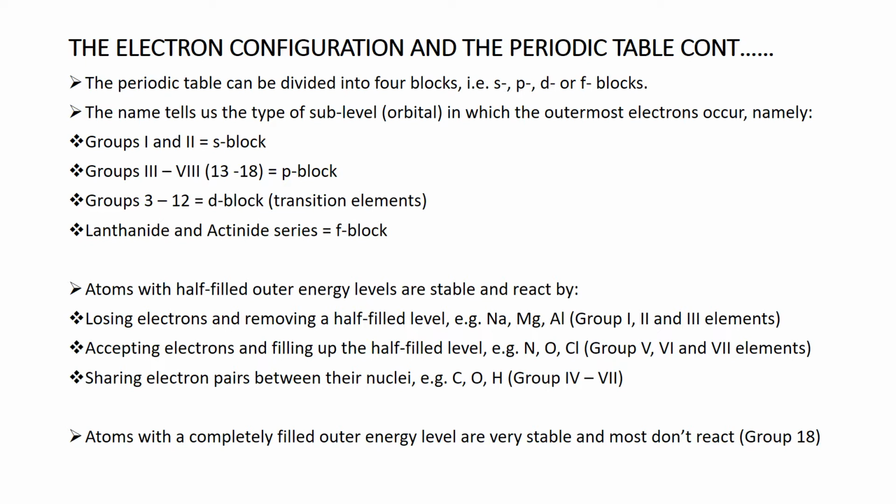Remember we said that most elements, when they react, want to be either losing or gaining electrons. But your noble gases or inert gases do not need to be gaining or losing electrons because they already have a completely filled outer energy level.